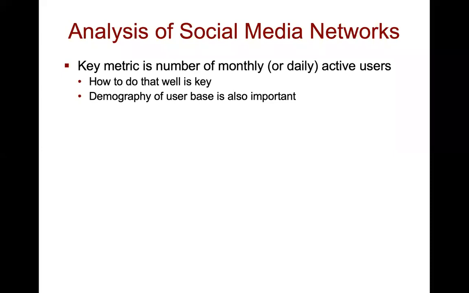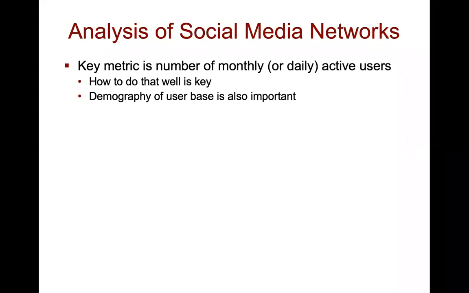And this metric is not just the key metric for social networks, but also a general key metric for B2C businesses. And social networks are obviously B2C businesses, right? Not in terms of monetization, but in terms of the concept itself. The key driver of the business is B2C. So to compare them, you need to see how well they do in terms of number of active users.